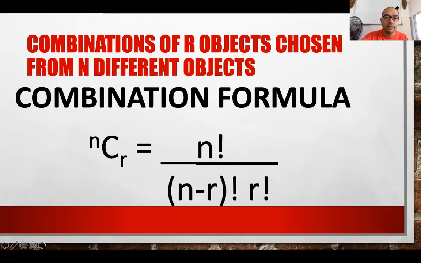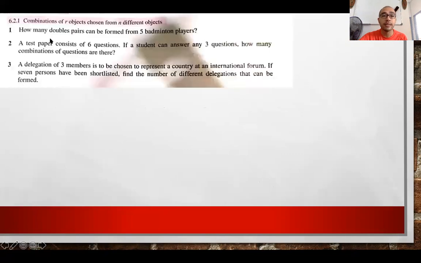Okay, so let's take a look at a couple of simple questions. Usually there's no involvement of factorial, because factorial alone is when you want to choose and permute everything, rearranging everything that is in there.